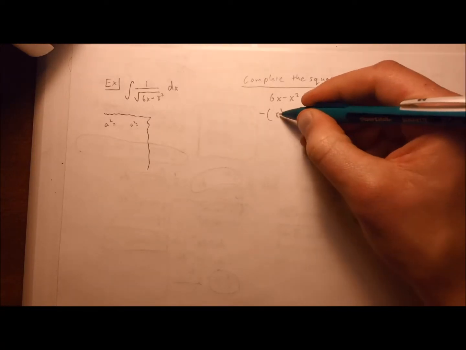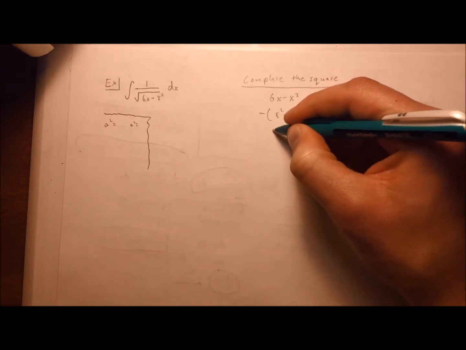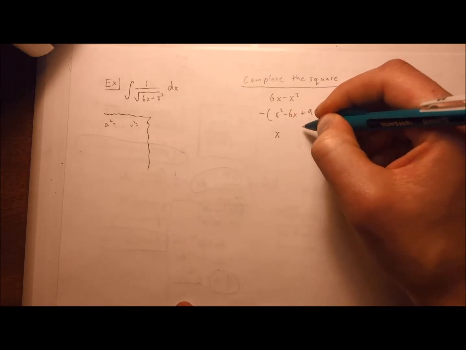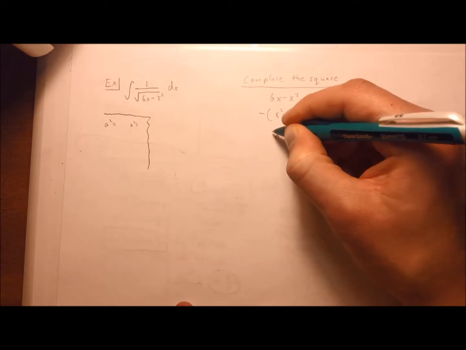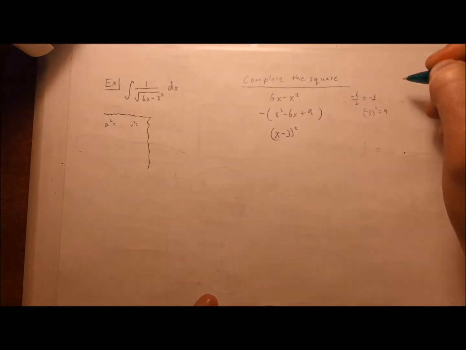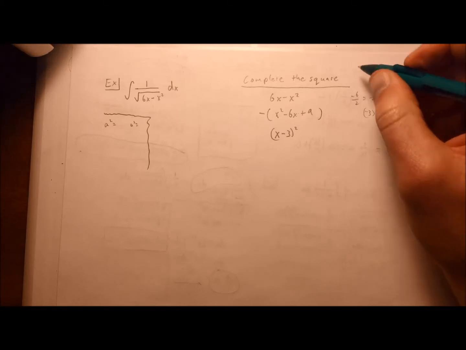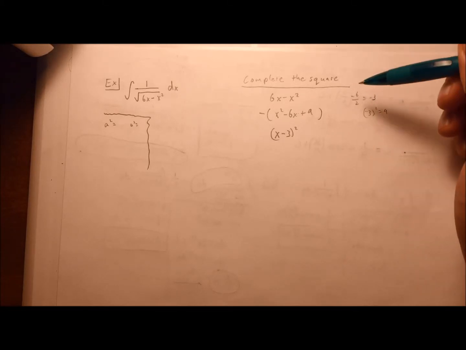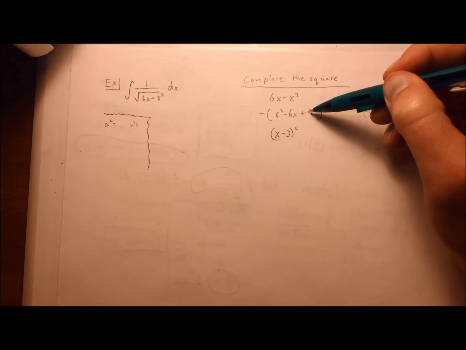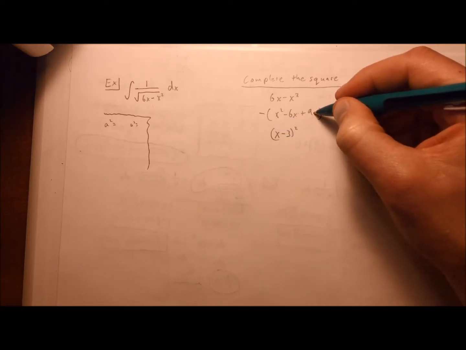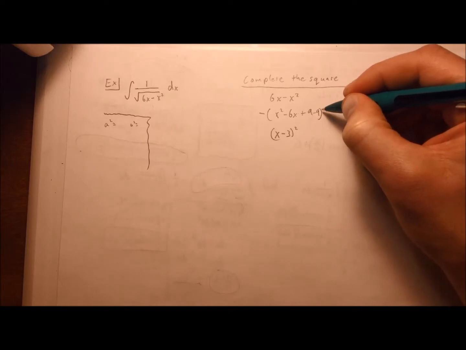Why do I do this? Because when I factor this, this is going to factor into x minus 3 squared. Now, here's the thing though. If I'm going to be adding 9 to this, I also have to subtract 9 from this.